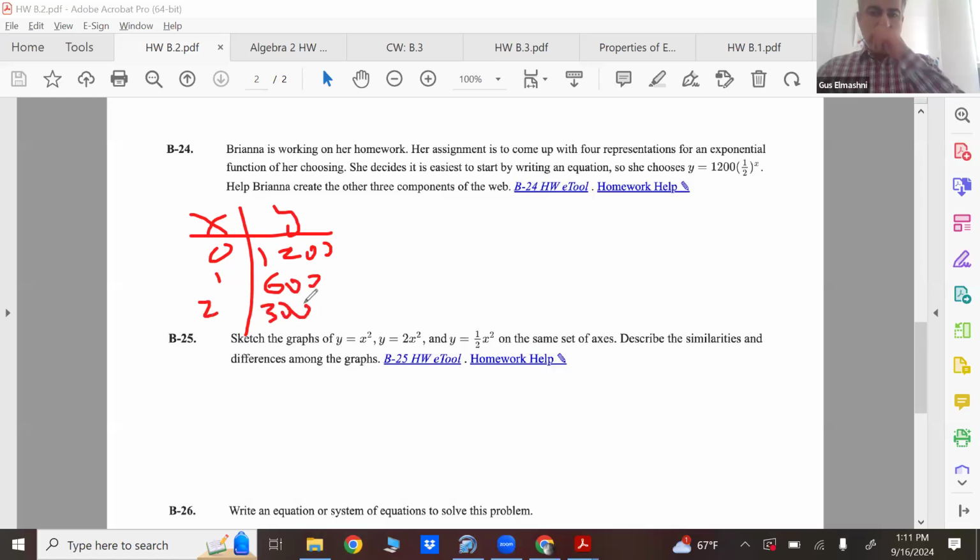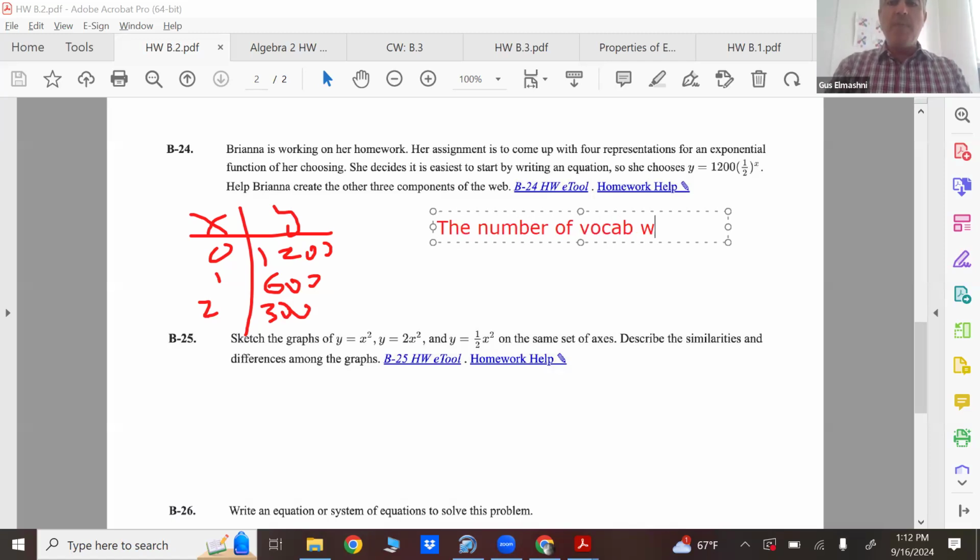Now, what does x represent? Actually, I don't know what x represents. Hold on. What is going on here? Maybe it could be, I'm going to totally BS this, maybe the number of words she has to write for an essay.